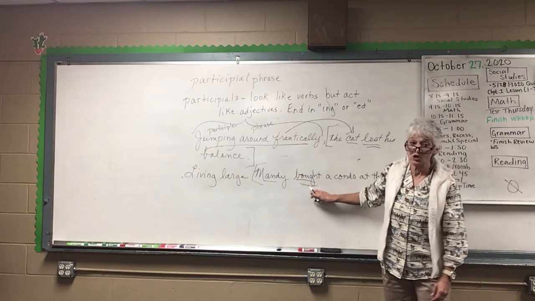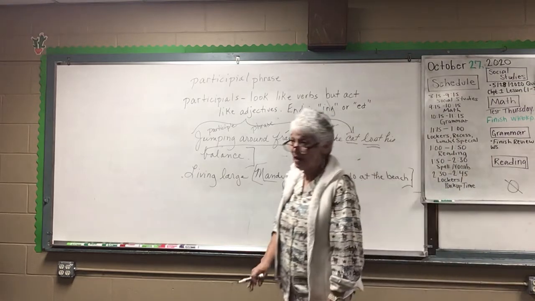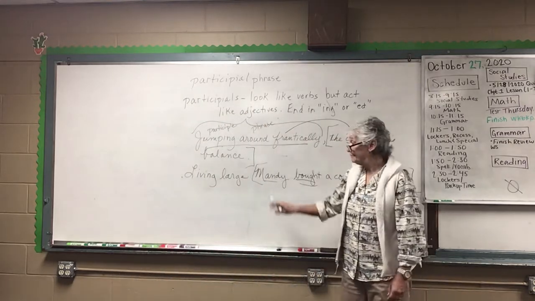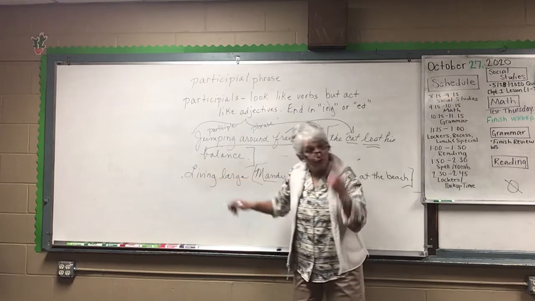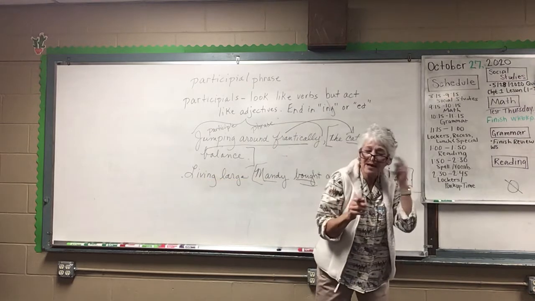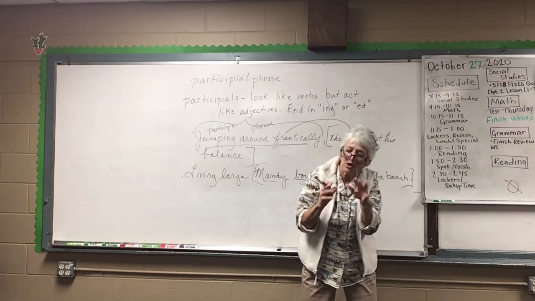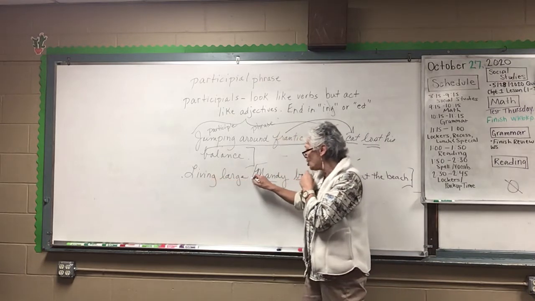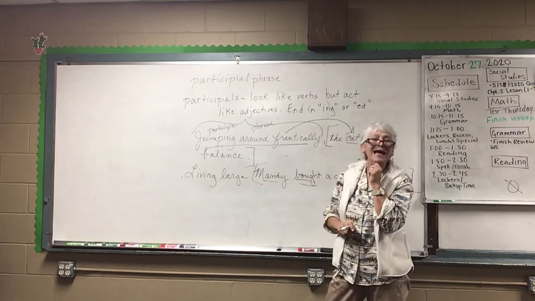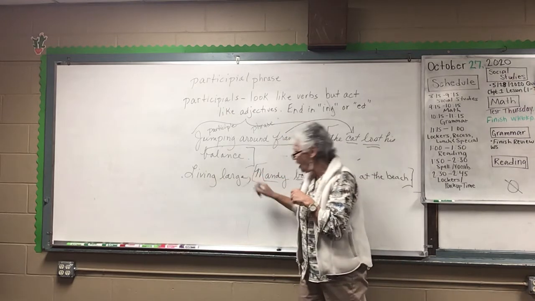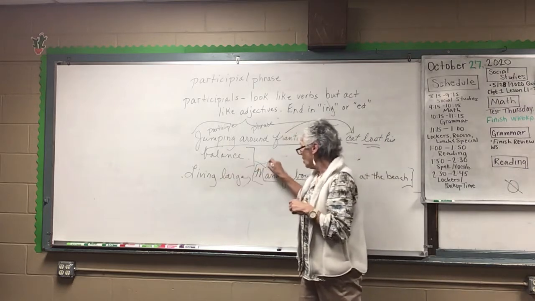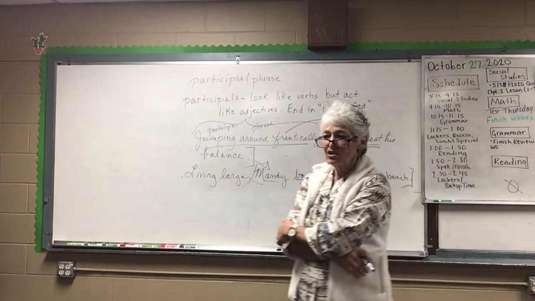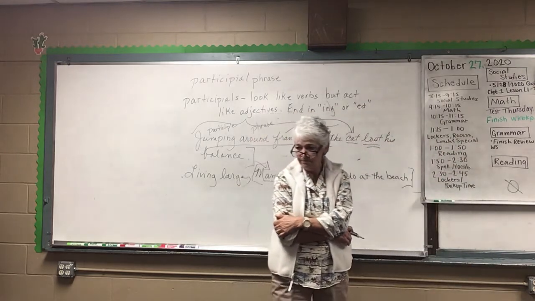It's not am, is, are, was, were, could, should, would, do, does, did, must, might, may. Is it? Not one of those. So it looks like a verb. So automatically my brain's thinking, looks like a verb, participle. Yeah, maybe. Okay. Living large. Does it describe Mandy? Yes. And so I need a comma after it. What kind of Mandy is she? She's a living large Mandy. Okay?